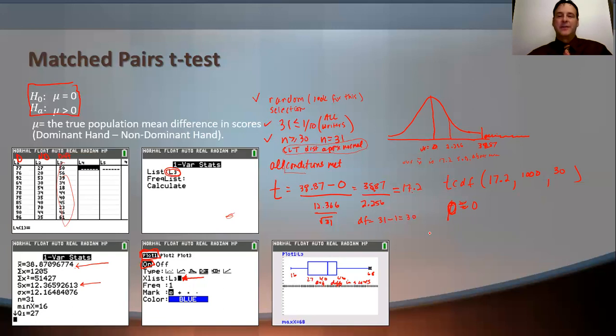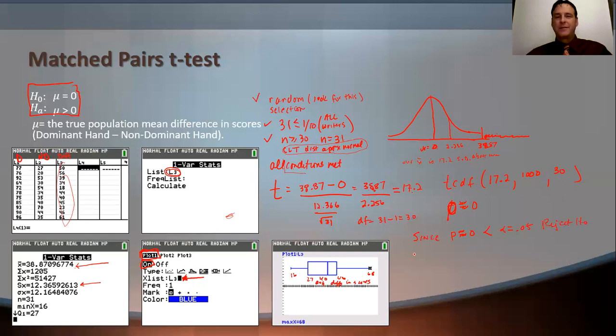And so what I'll say is this: since my p-value of about 0, and I'll make little approximations, is less than an alpha cutoff of 0.05, reject the null. What does that mean?